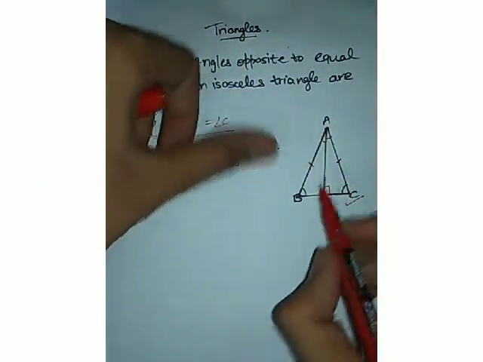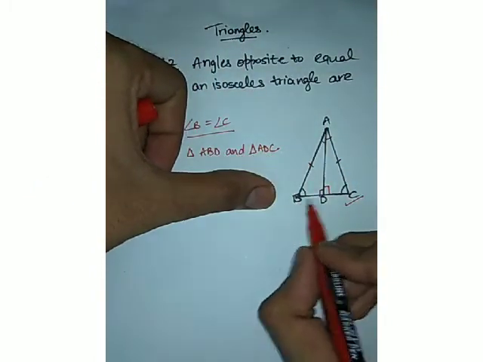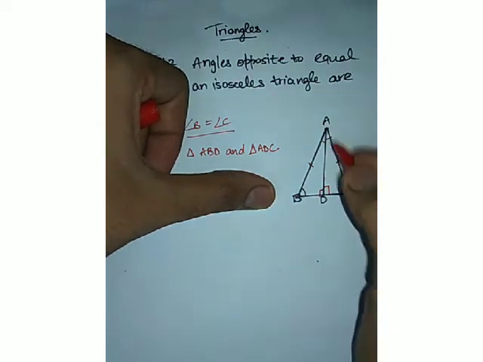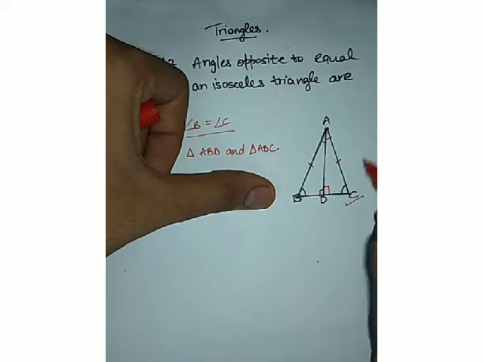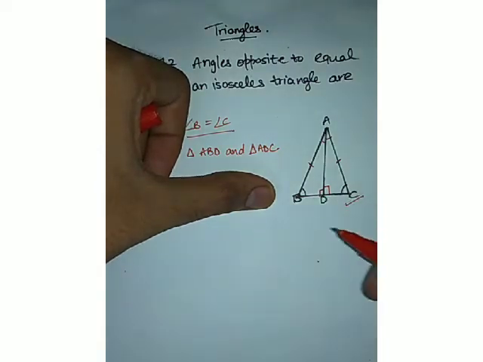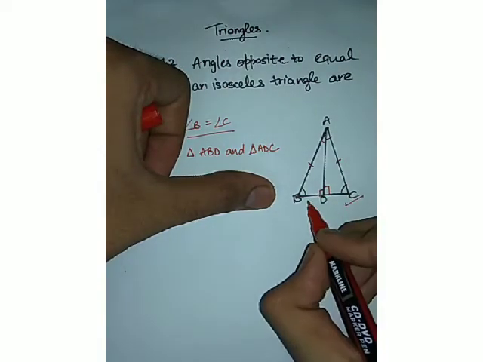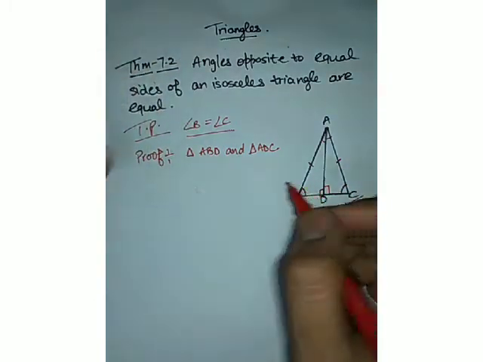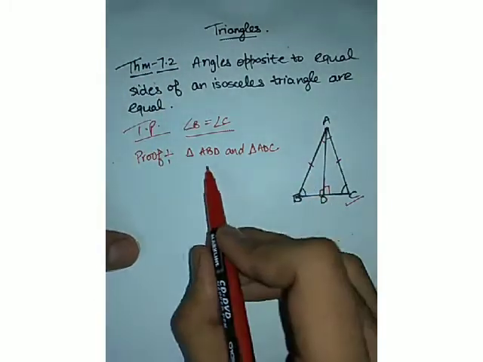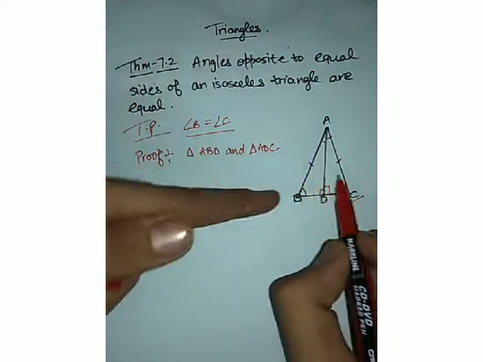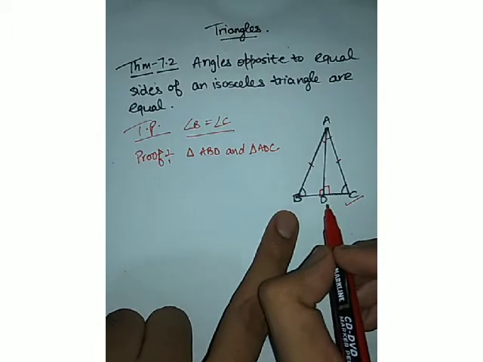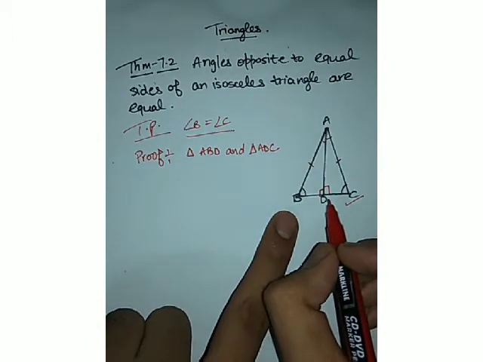Angle B and angle C are two angles of these two triangles. So what we have to do here, we have to prove that these two triangles are congruent to each other. Then by applying CPCT that we have discussed, we can literally make these both angles equal to each other. Okay, so let's start. Firstly, now see what sides or which angles you can make equal to each other.